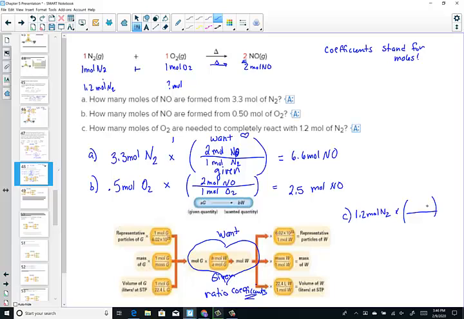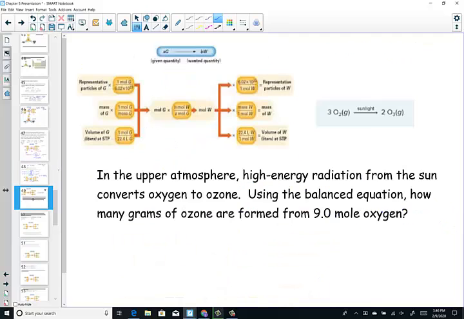I want to know oxygen from nitrogen. So I go into the balanced equation and I find that both of those have coefficients of 1. So that calculation gives me the exact same answer back. For every 1.2 moles of nitrogen, you would also require 1.2 moles of oxygen. Both of them are the same number. That was easy enough.